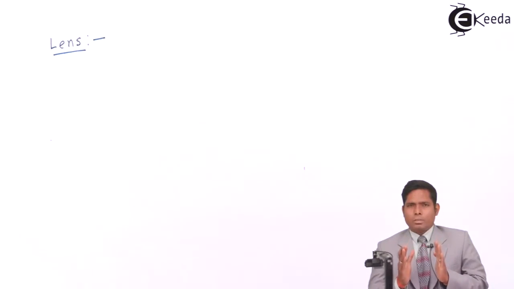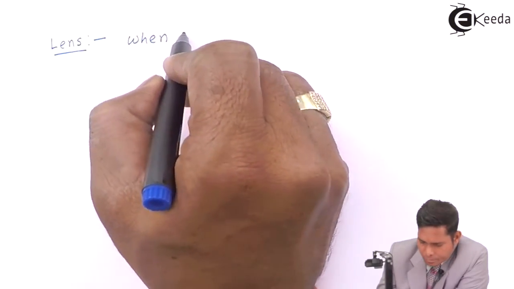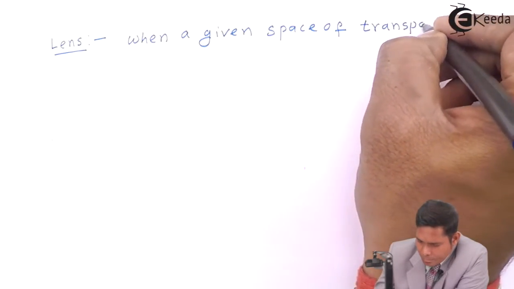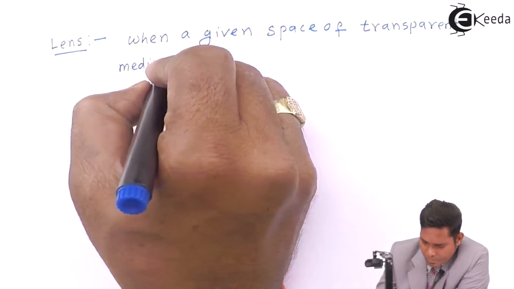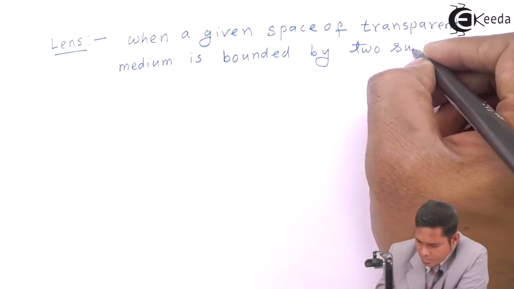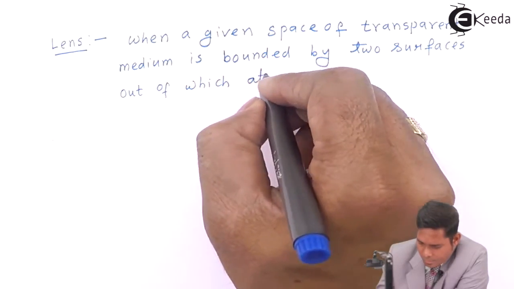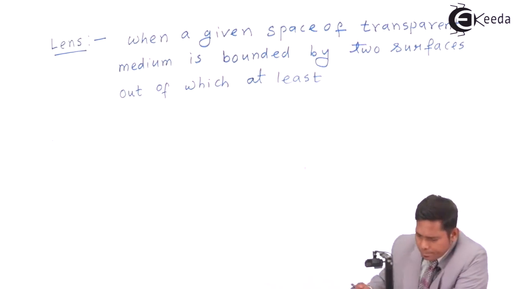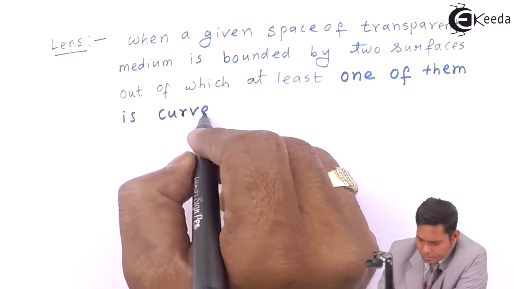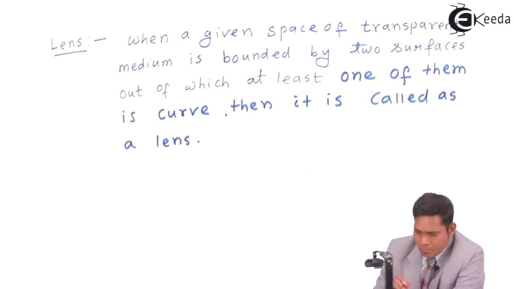At least one must be curved. Then it is called a lens.